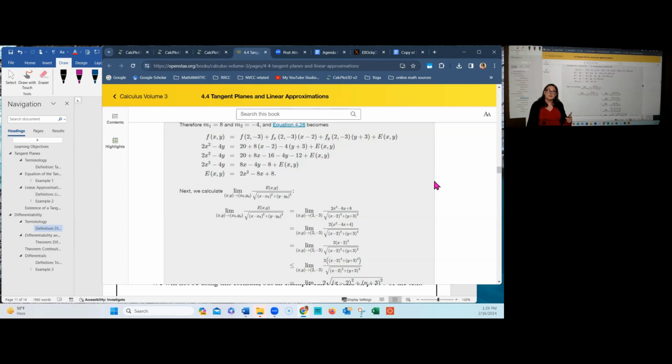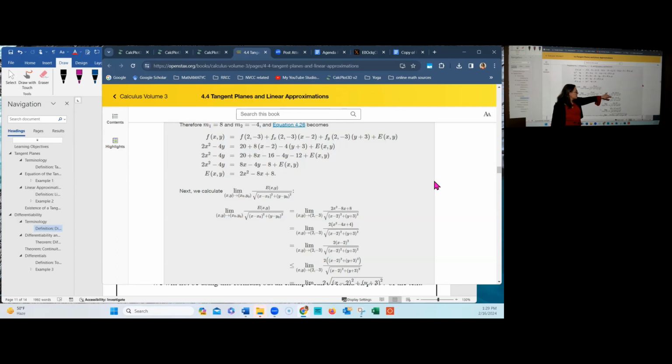This will enable us to put it into that formula where we have the error term divided by the distance between x, y, and the specific point we're interested in. In this case, our specific point from the domain was 2, -3.